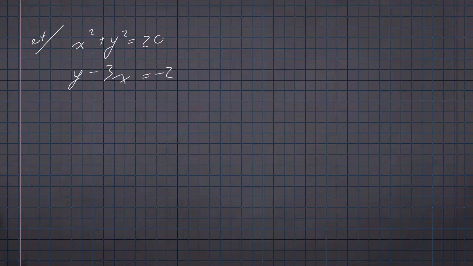This particular system does not have either equation solved for any one variable, but it does have the linear equation as the second component, which can be easily solved for y. Simply add 3x to both sides of that equation, and we get that y is equal to 3x minus 2.